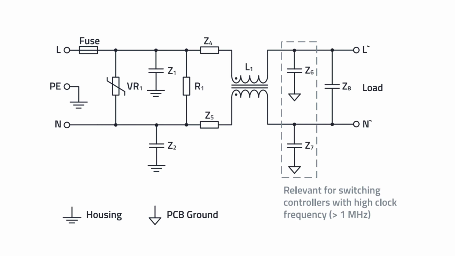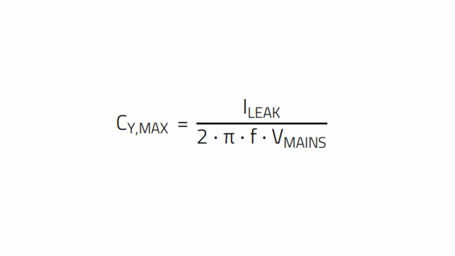A mains filter for an interface with a 50 Hz mains frequency and a voltage of 230 VAC serves as a calculation example. The maximum permissible leakage current on PE is 3.5 milliamps. For safety reasons, a maximum leakage current of 2.6 milliamps is assumed in our example, from which the maximum capacitance of the Y capacitor, with the mains frequency equal to 50 Hz and the worst case voltage of 257 volts, is calculated.